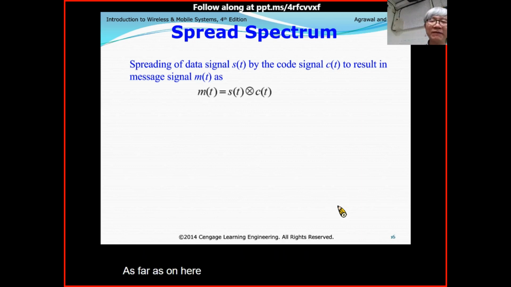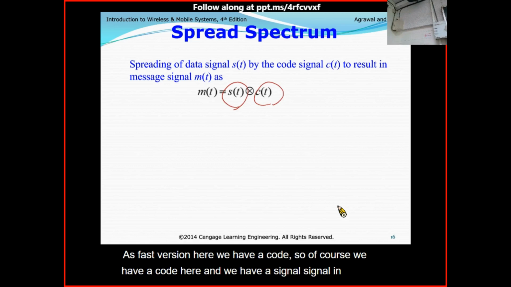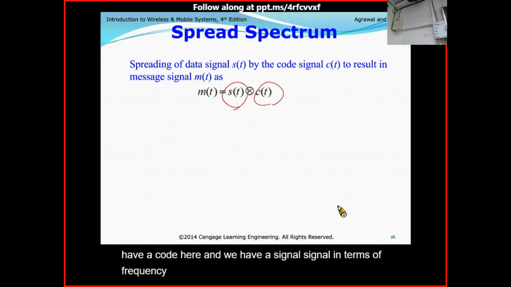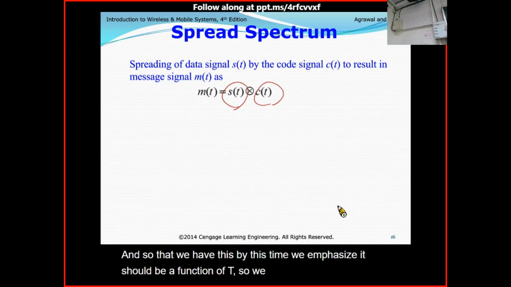And previously, we have a signal, a signal in terms of frequency and time. All right, so of course, S of t, in fact, it can be S of f and t. But this time we emphasize it should be a function of t. So we just have a parameter t here.